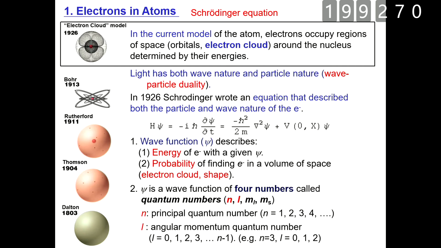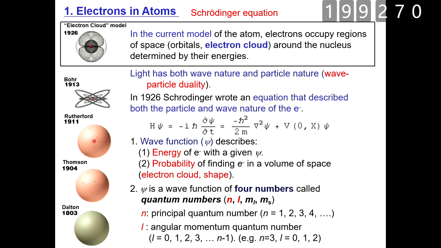This means for each electron, its energy or shape is decided by these four numbers. Now we will introduce what these four quantum numbers are.